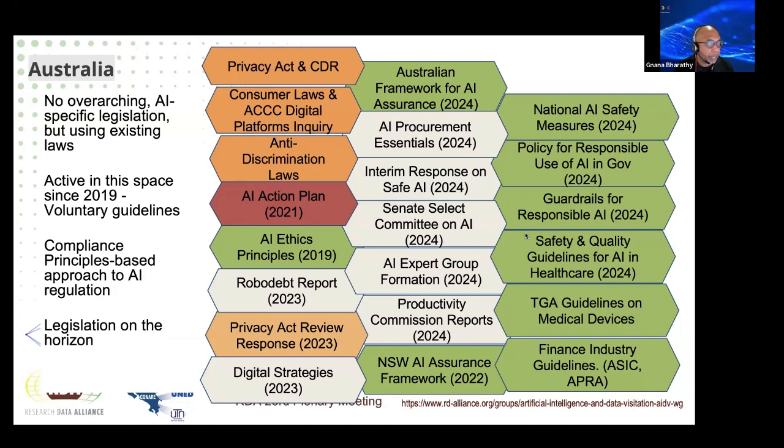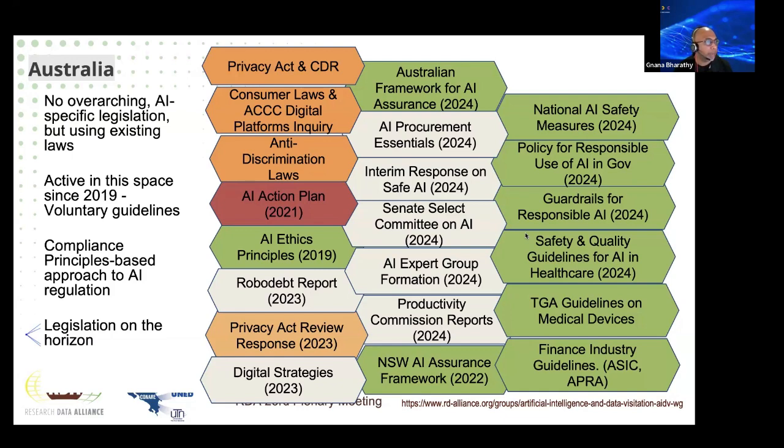And also the guardrails that came out recently. The guardrails emphasize a number of concepts, including risk management, governance, stakeholder participation, testing and monitoring of AI, human oversight, and supply chain transparency, to name a few.